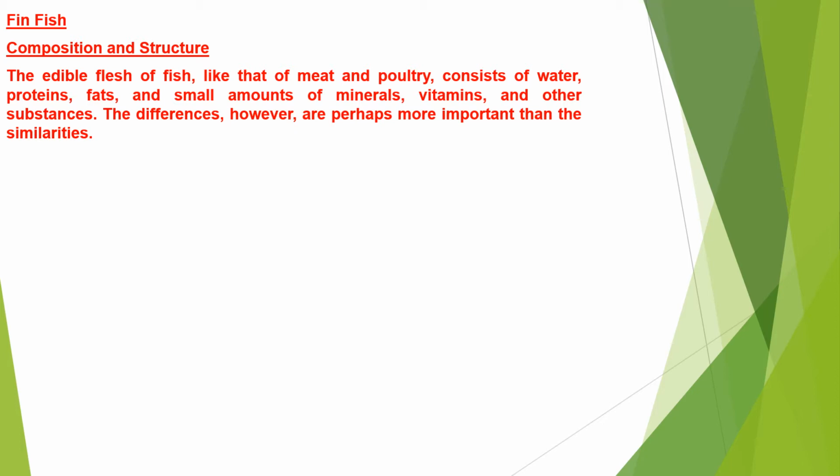The differences, however, are perhaps more important than the similarities. So it doesn't matter what type of flesh you're eating, everything consists of water, protein, fats, and a small amount of minerals and vitamins. Remember we covered that in the past two subjects, when we were discussing meat and poultry.